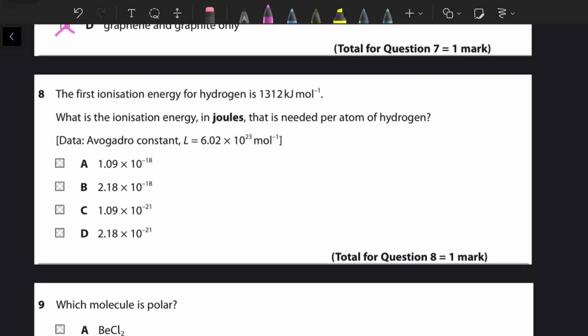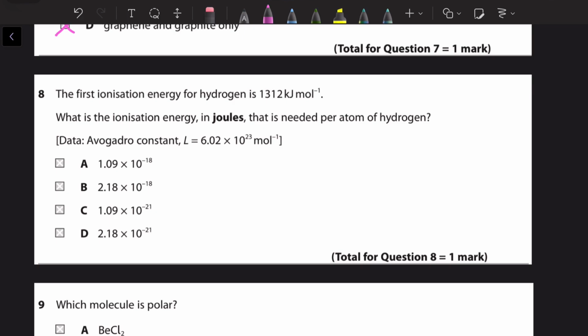Question number 8. The first ionization energy for hydrogen is 1312 kilojoules per mole. What is the ionization energy in joules that is needed per atom of hydrogen? We are given the first ionization energy of hydrogen as 1312 kilojoules per mole, but the question is for energy needed per atom in joules.